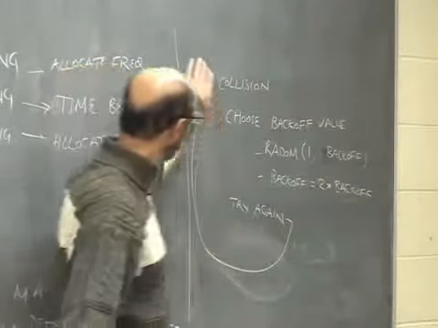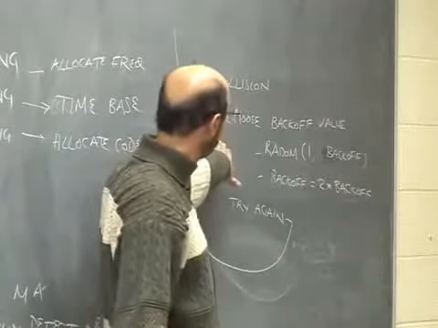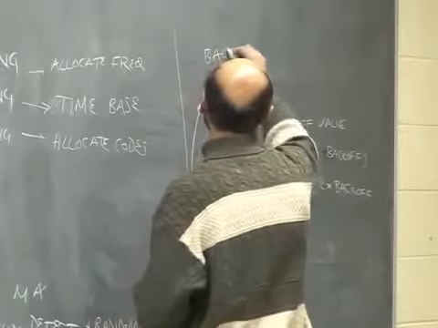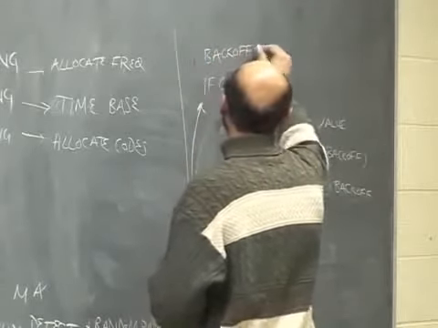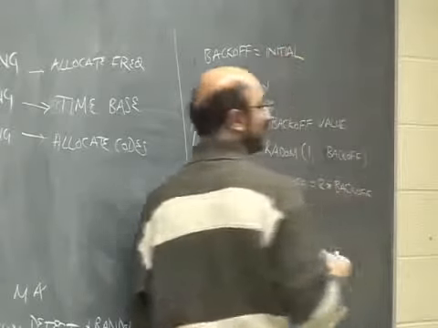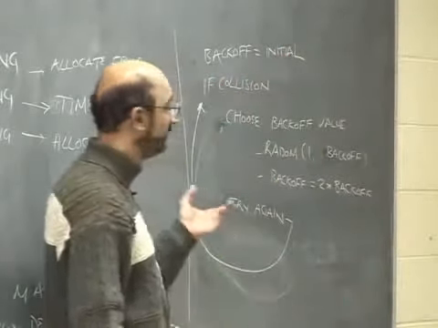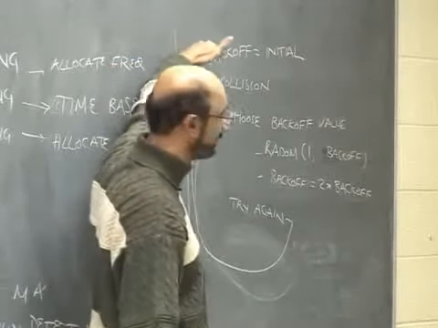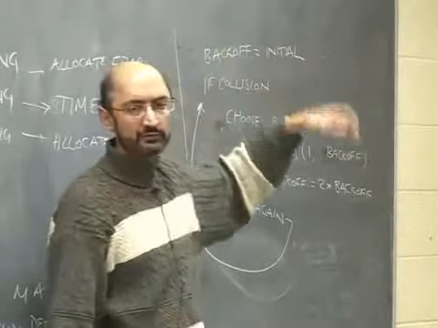So what's happening is a collision. We choose the back off value randomly in the range. We start off with back off equal to some small initial value, something like a few hundred milliseconds, as it turns out. If there's no collision, life is good, you got through.